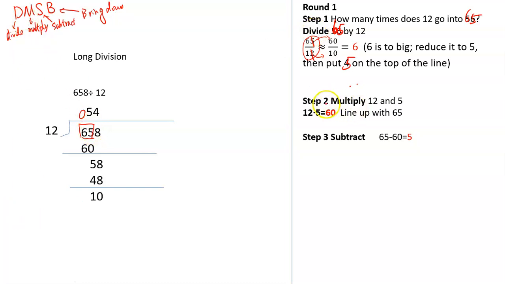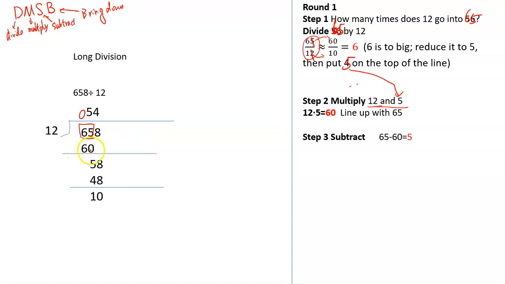Now next we're going to do step 2, that's multiply. What do we multiply? We take the answer 5 that we just got and multiply with the 12 people, because if you're going to give everybody 5 tens and you have 12 people, you need to figure out how many tens you need. So we do 12 times 5, which gives us 60. That means we need 60 tens.